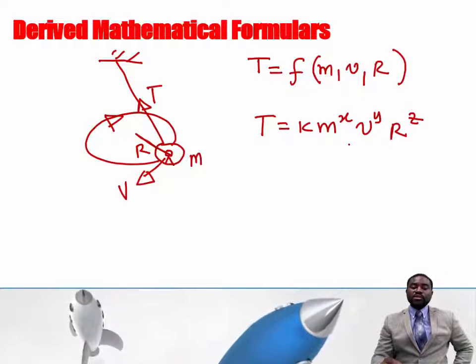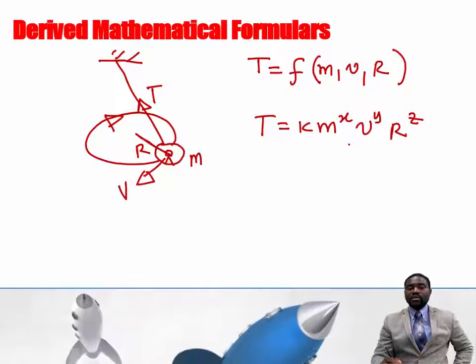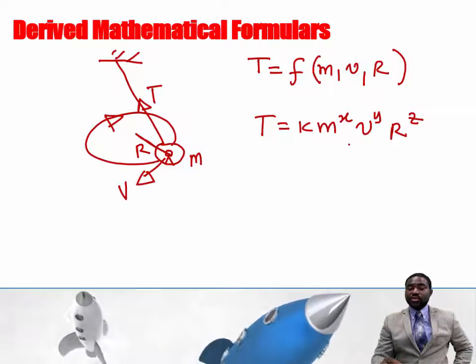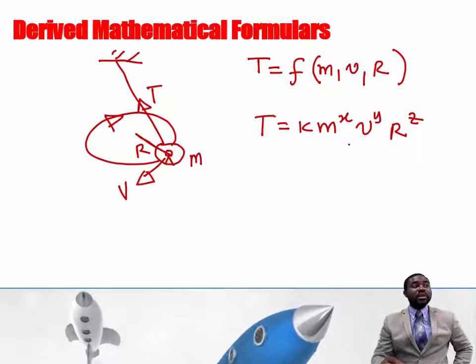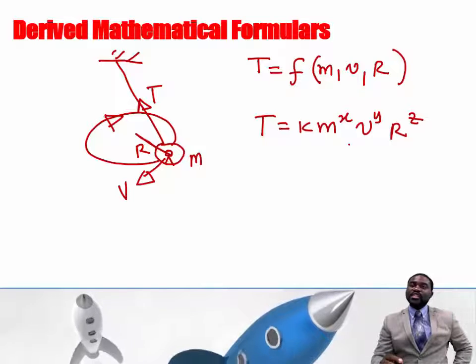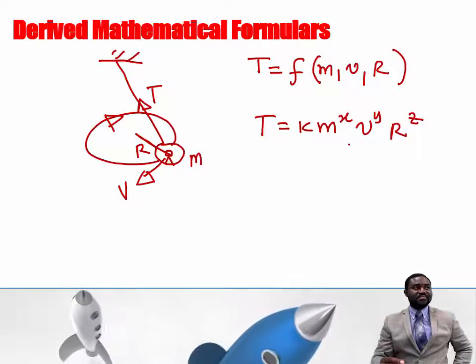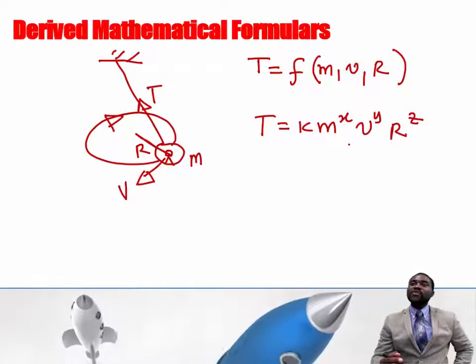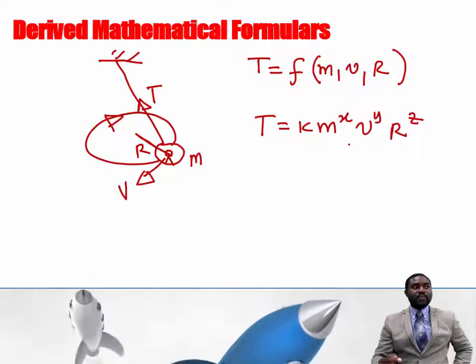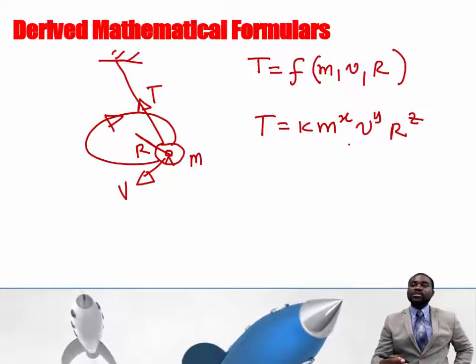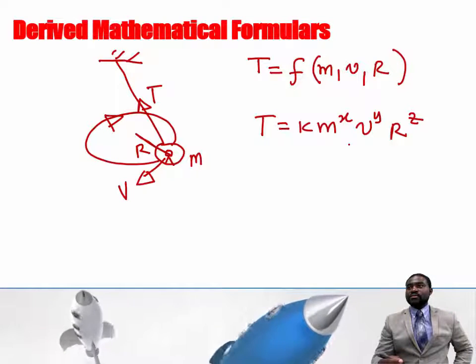So we want to determine the tension in the string that you will experience. This is actually an AP question. What if you cannot remember the formula? What if you are asked to derive the formula?